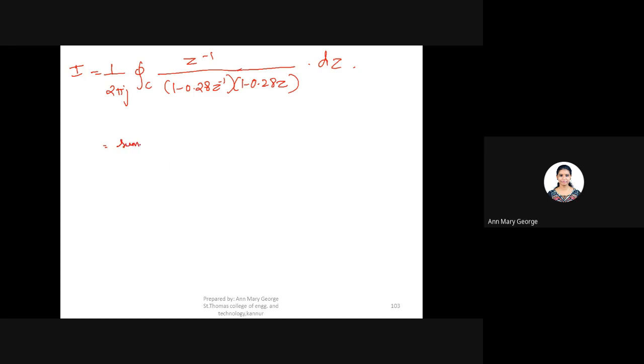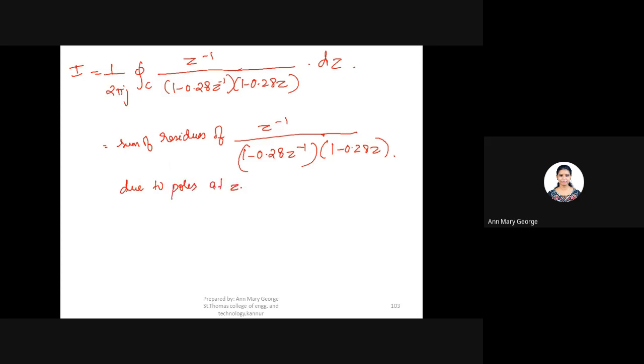The residue method is the sum of residues of Z inverse by 1 minus 0.28 Z inverse into 1 minus 0.28 Z. And the poles are at Z equal to 0.28 and Z equal to 1 by 0.28, that is 3.57.